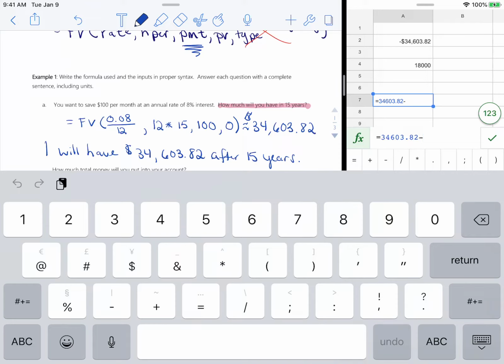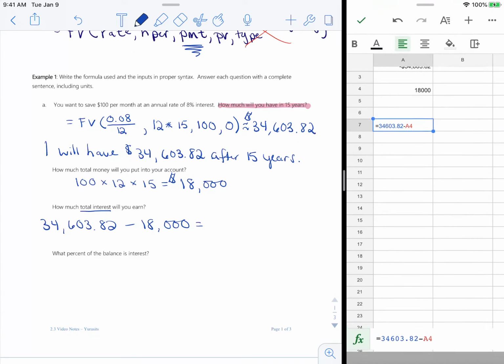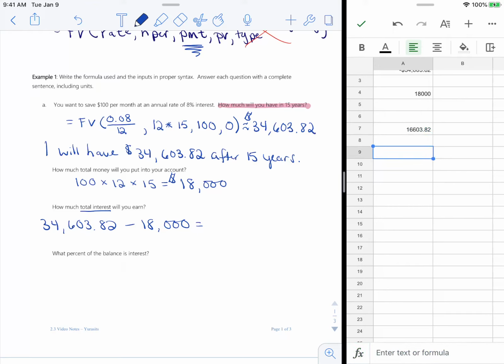You can either write 18,000 or select that cell, which is so cool. And then I enter, and it's $16,603.82. Wow, that is a lot, right? So you put in 18,000 and you earned 16,000.